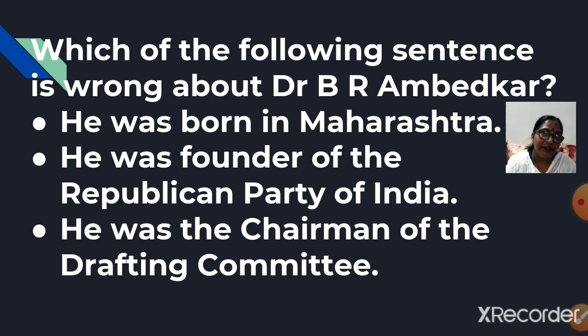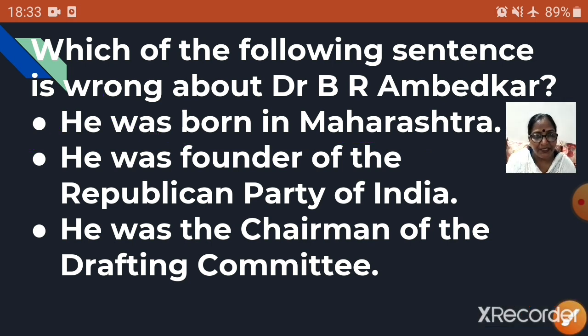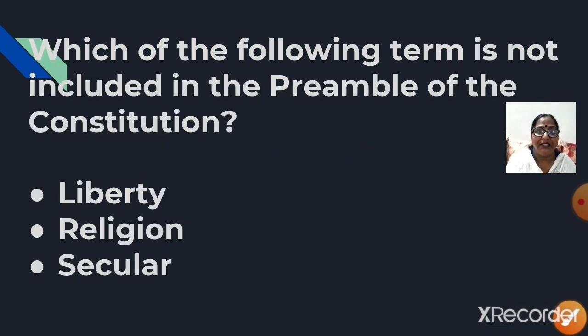The third one is, he was the chairman of the drafting committee. And the wrong statement is the first one. He was born in Maharashtra. Do you know where he was born? He was born in Madhya Pradesh. So let's move on to the next question now.